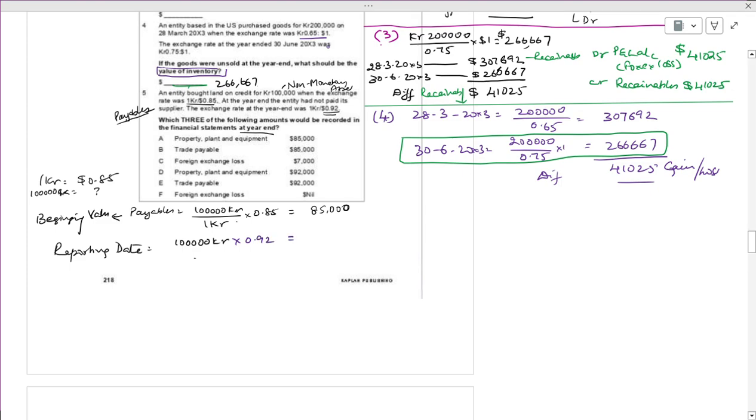It comes to $92,000. 100,000 into 0.92 is 92,000. Is it right?